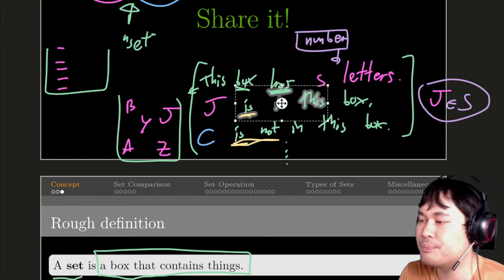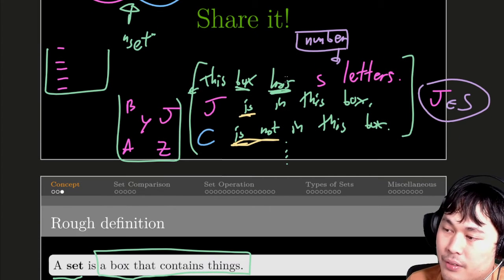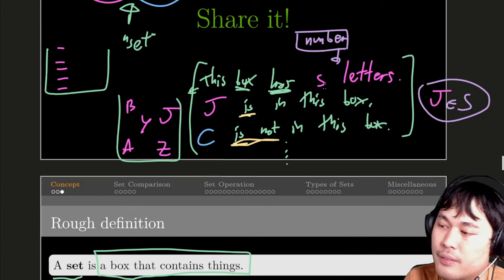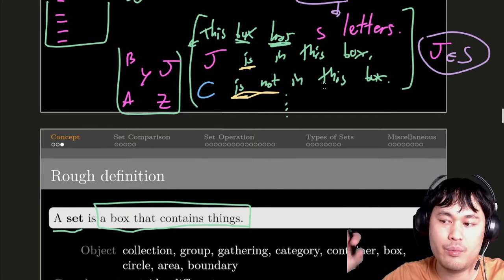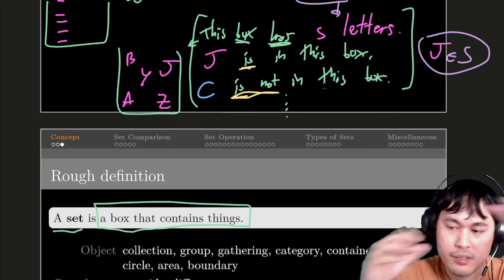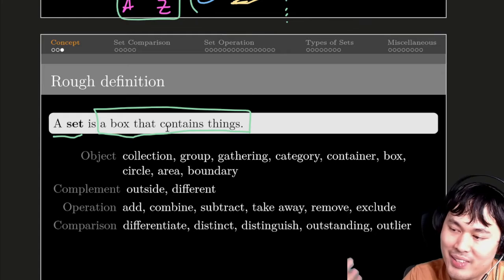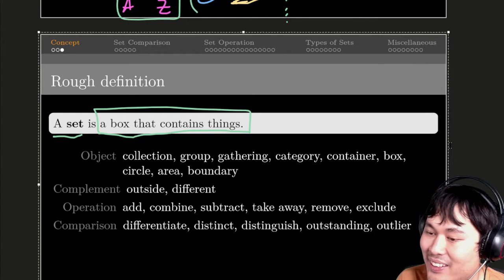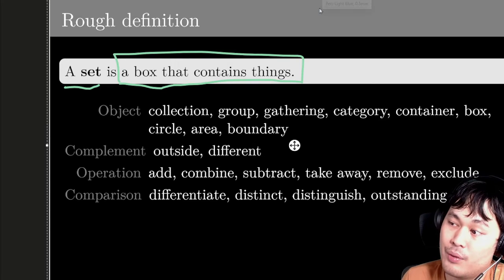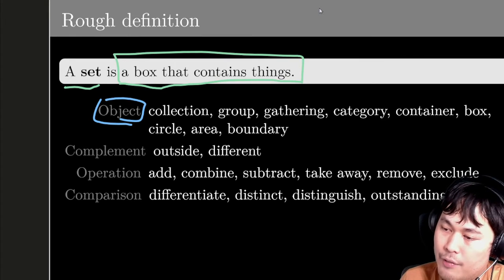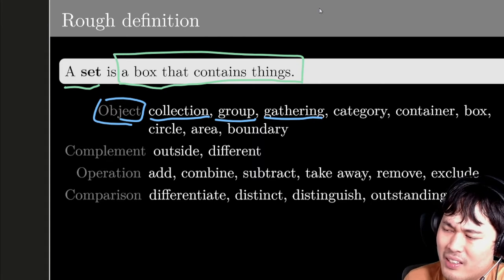So that's a concept, and that's our goal here, to understand what this object or this set is and see what we can do with it. Can we combine things? Can we divide things? Can we mix things up? So again, this box that contains things. The key concepts or keywords here: when you think about the box, you think about things that we have in a collection or a group, or we gather things, or a category.